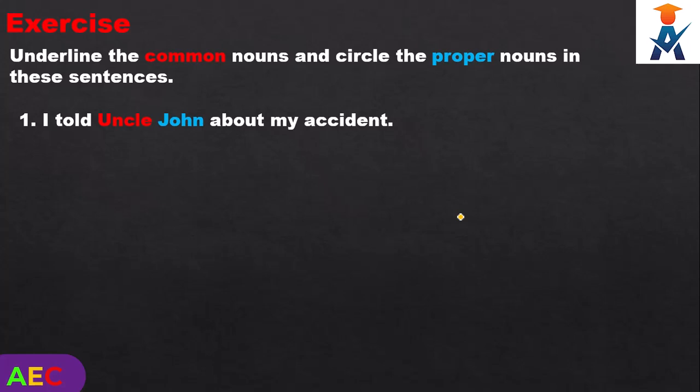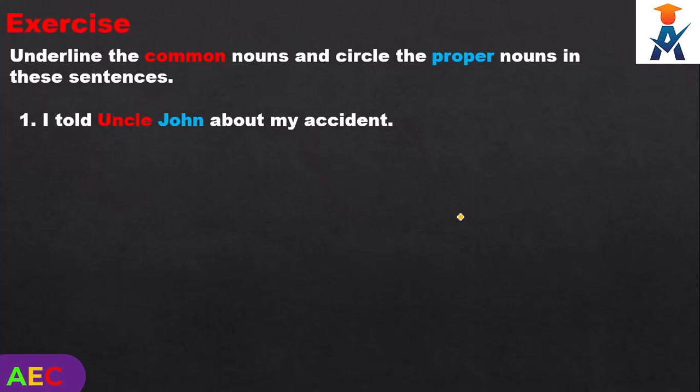In this sentence, which is the common noun and which is the proper noun? The common noun, shaded red, is uncle, and the proper noun, shaded blue, is John. So uncle is a common noun and John is a proper noun.